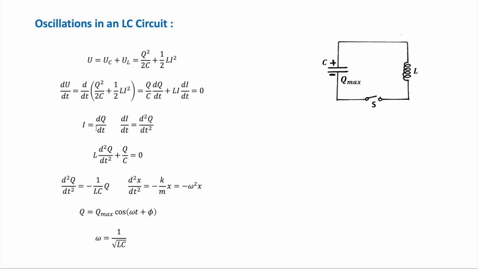And since I is equal to dq over dt and di over dt is equal to d square q over dt square, the second differential of the charge, we get this equation, okay? And from this, we get this equation, which has a similar form to the simple harmonic oscillator of a mass spring system, as we have seen in the videos of mechanics, which is d square x over dt square equal to minus k over m x, which is equal to minus omega square x.